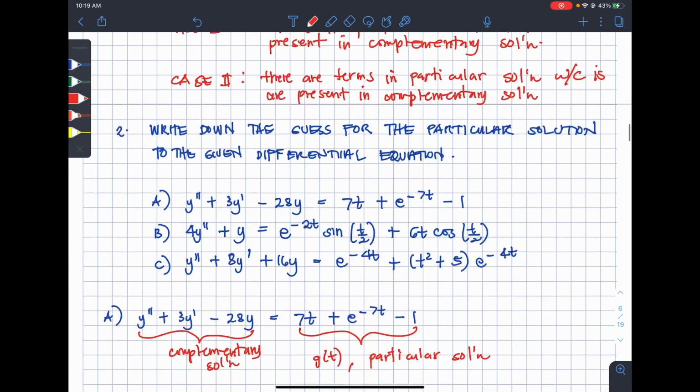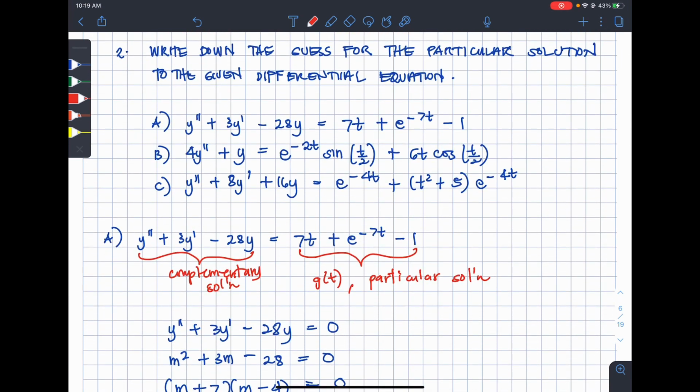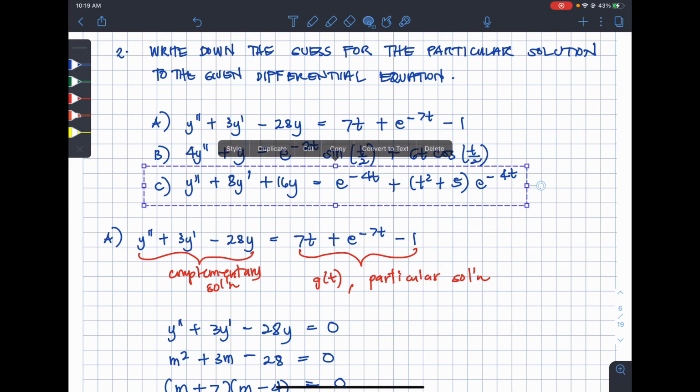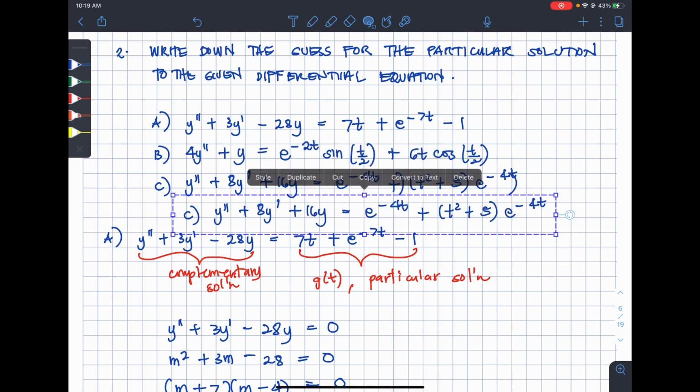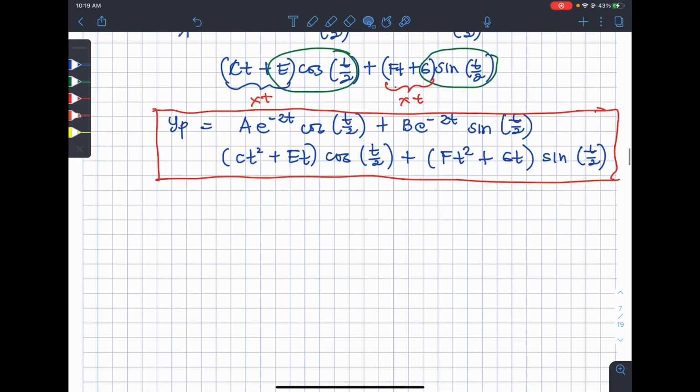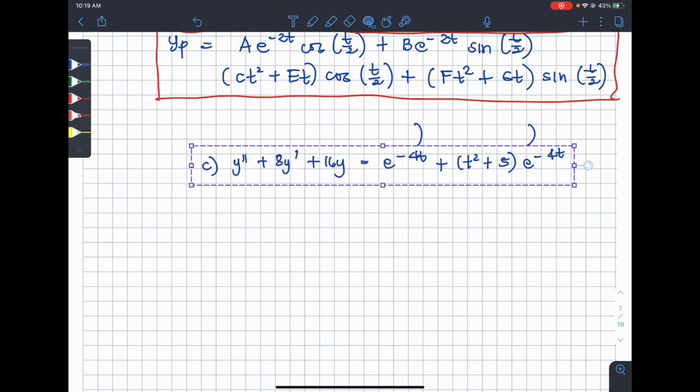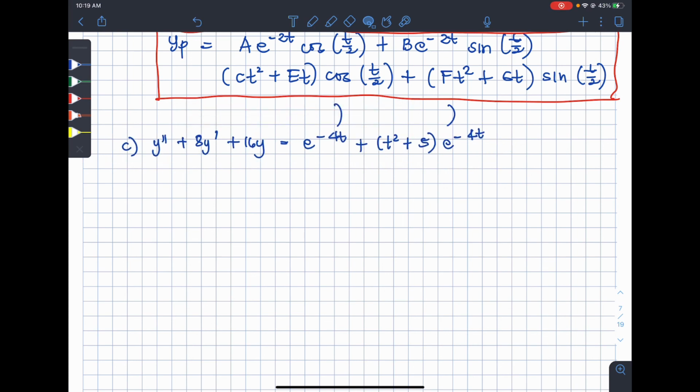So next, the last one. This one is a bit long. Okay, so we have y double prime plus 8y prime plus 16y is equal to e negative 4t plus t squared plus 5 e raised to negative 4t.